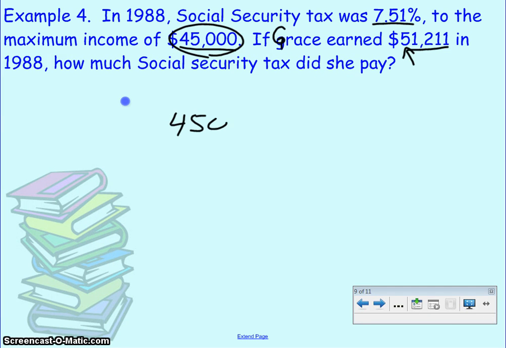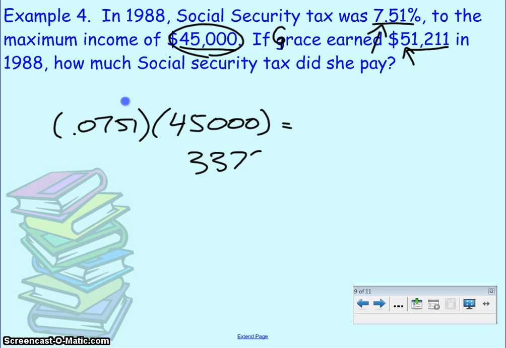So it's 45,000 times the .0751, which is what the Social Security was for that year. And so the maximum that Grace or anybody is going to pay in Social Security for that year is $3,379.50.